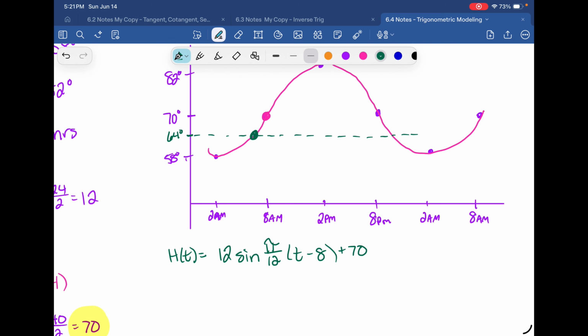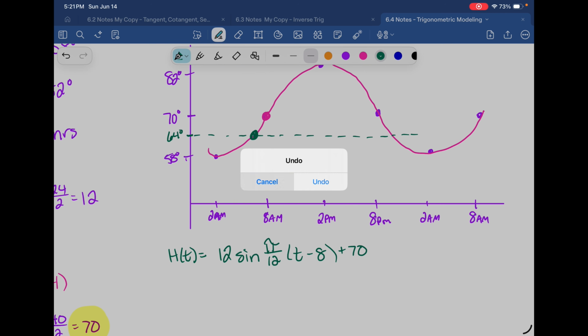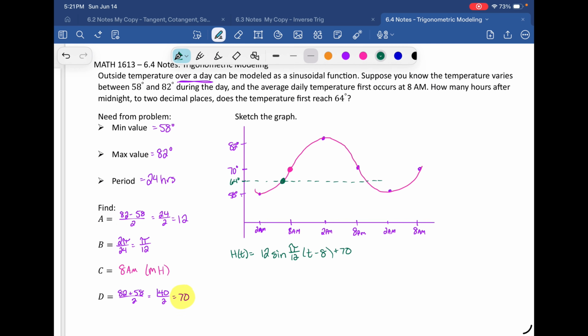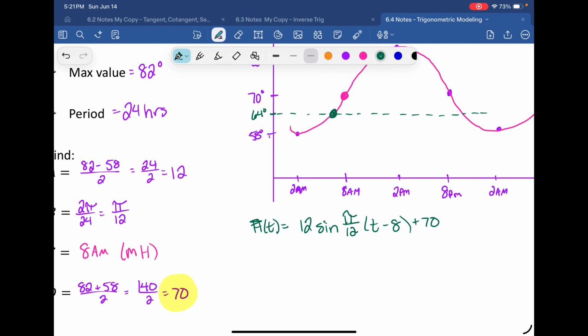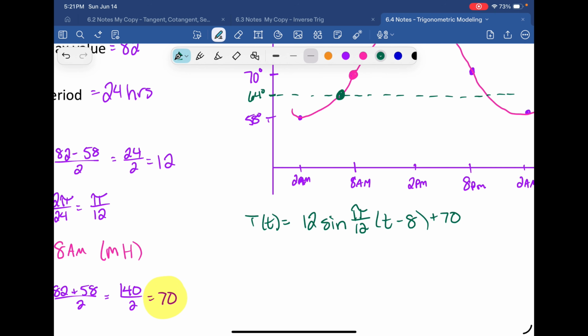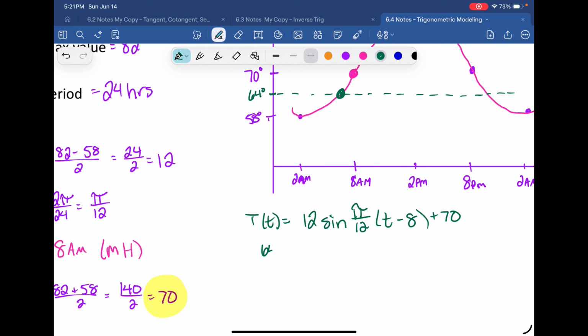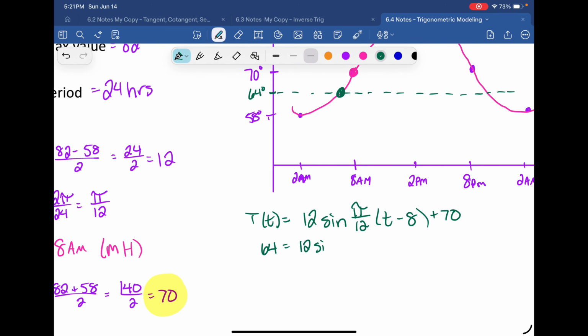Since I don't know that time, I know the temperature. I used T. I know the temperature there is 64 degrees. I'm going to use that to solve for time.